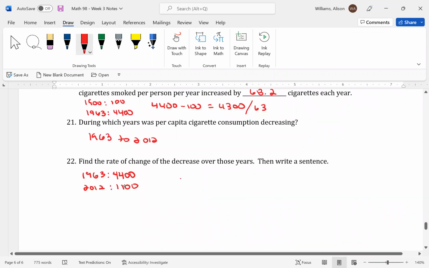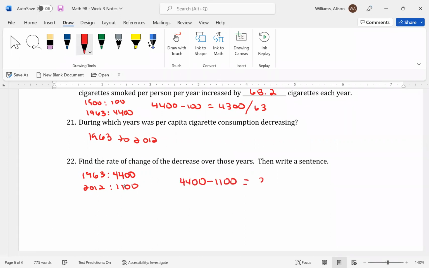Okay. So subtracting those two, that'll give me 3,300. And then from 1963 to 2012, that is a 49-year period. So dividing 3,300 by 49 on my calculator, I get 67.3.